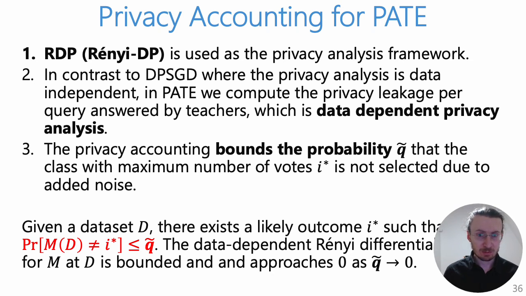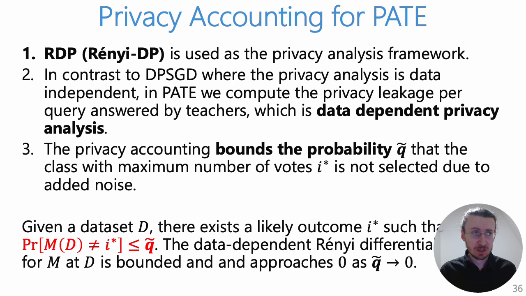So, privacy accounting for PATE uses RDP, Rényi differential privacy. The main difference between DP-SGD and PATE is that in PATE we have data-dependent analysis of privacy. So, if we would take the code for the PATE framework, we would see that we iterate through all the queries that are answered by the teachers.